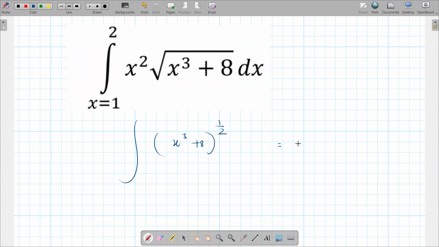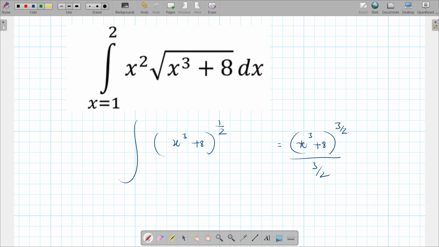The integral would be, do you agree? It's missing something. That's not accurate as it is right now. You see, because there would have been a chain rule component here.